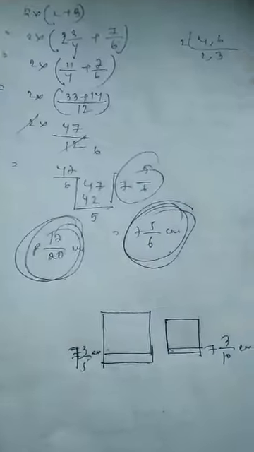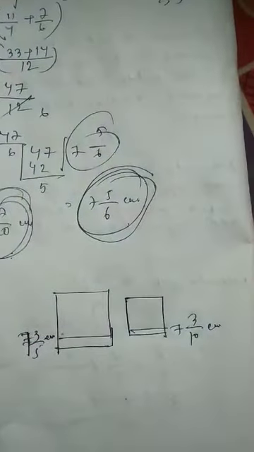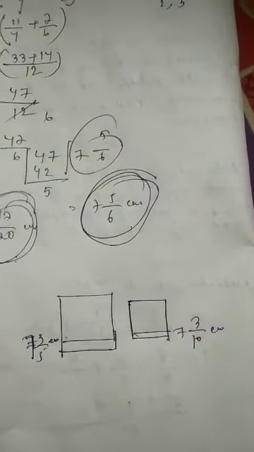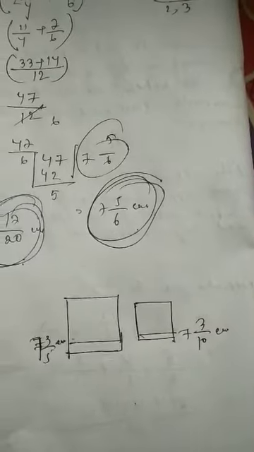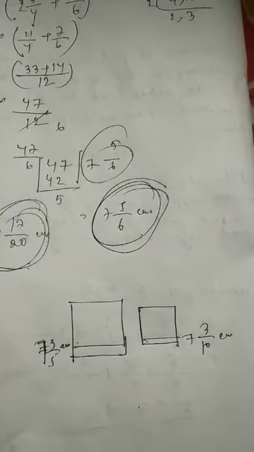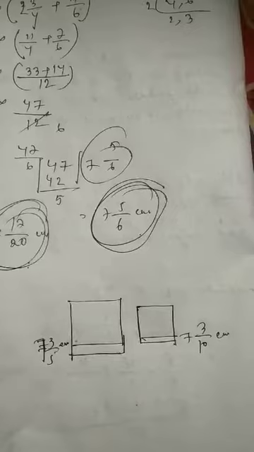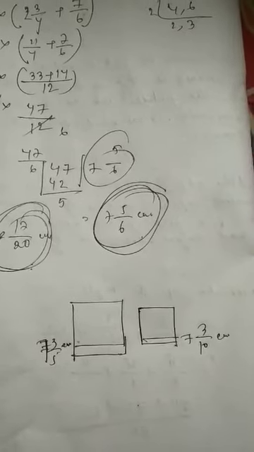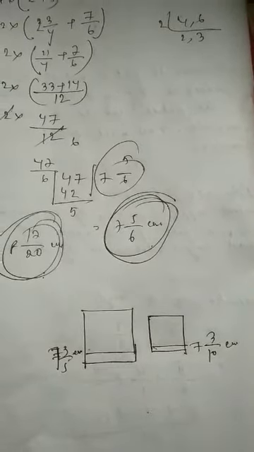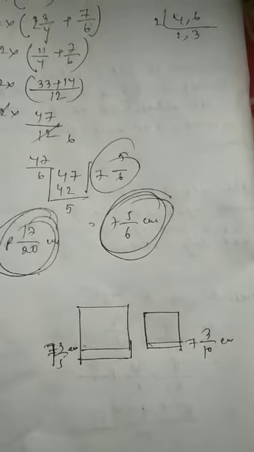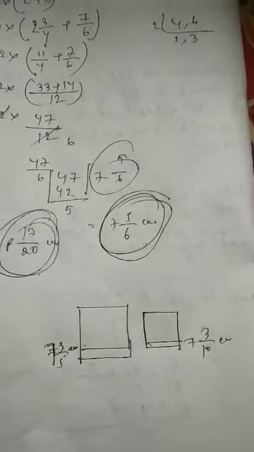Children, it's really very important to understand. The width of the picture is larger than the width of the frame. In a frame, I have to put a picture. Width of the picture is 7 3/5 centimeter, and width of the frame is 7 3/10 centimeter.